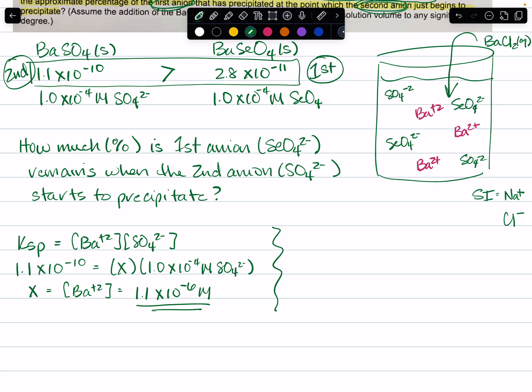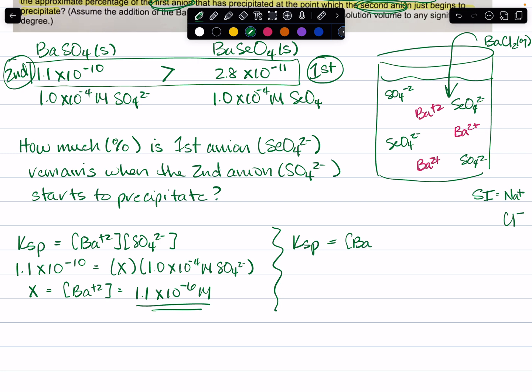Initially, we'll reach the point where the selenate has the right amount of barium for precipitation, but then we're going to eventually go past that value, because the amount of selenate is going to decrease while the barium is continually added. Eventually it gets built up to this 1.1 times 10 to the negative 6 molar level, and then the barium sulfate can start to precipitate.